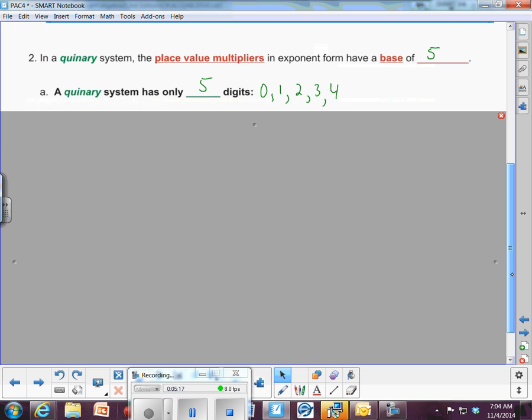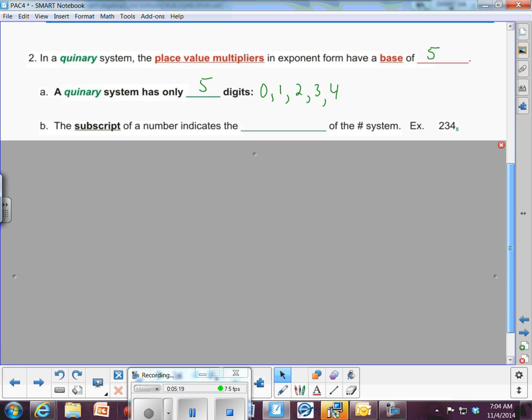All right, so let's take a look at this quinary system. A little bit of notation here. If you look over here at the right, you have the number 234 with a subscript 5. The subscript of a number indicates the base of that number system.